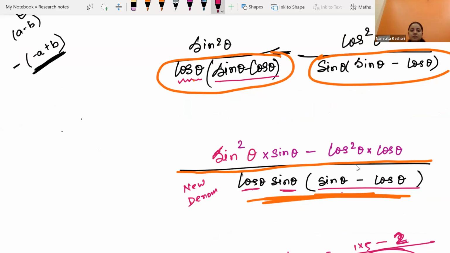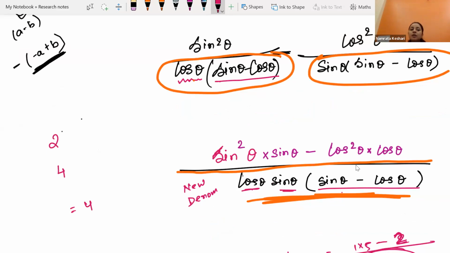Sin theta minus cos theta in a bracket, yes or no? Yes, ma'am. So that is the common factor. When we find the LCM, first we write the common factor. See, LCM of 2 and 4 is 4. You know that, right? Yes, ma'am.